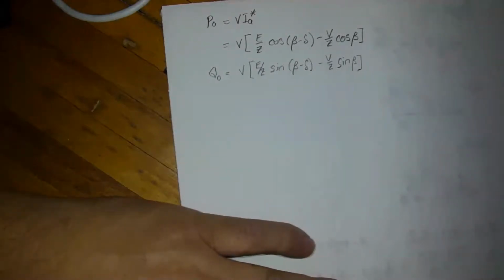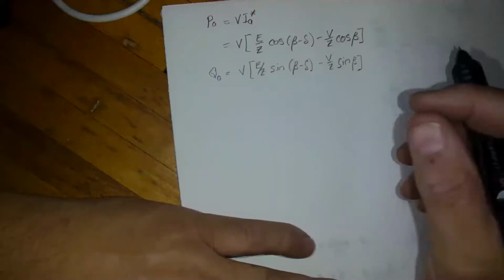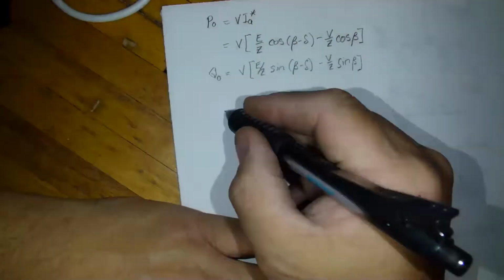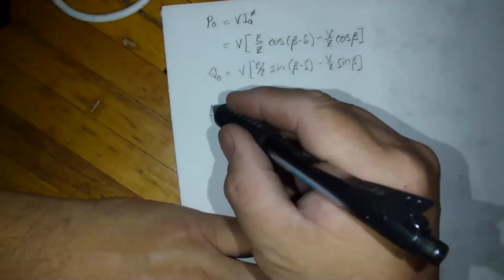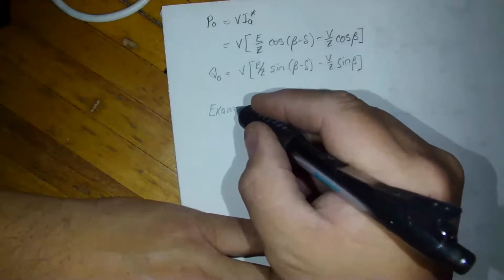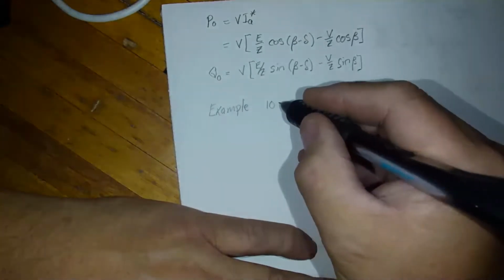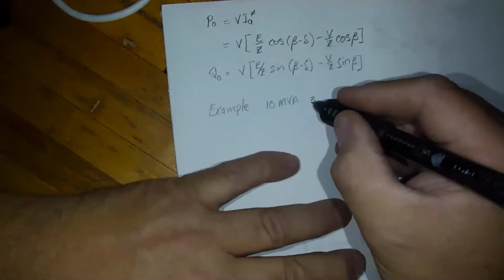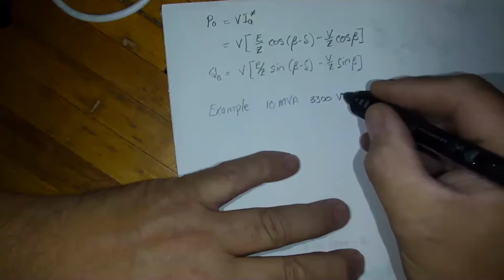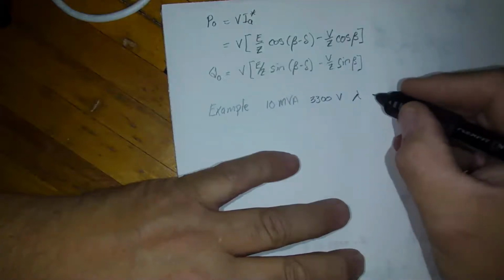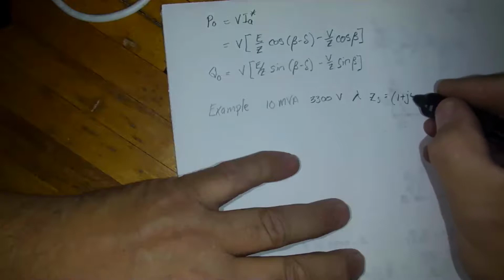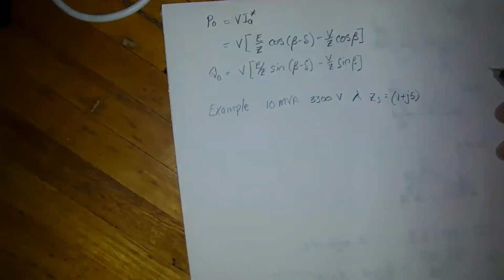Okay, now normally all we have to do is calculate, let's say we've got a 10 MVA, 3300 volt star connected alternator with ZS equal to 1 plus J5, say for instance.